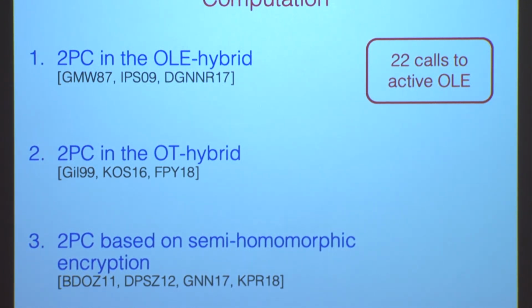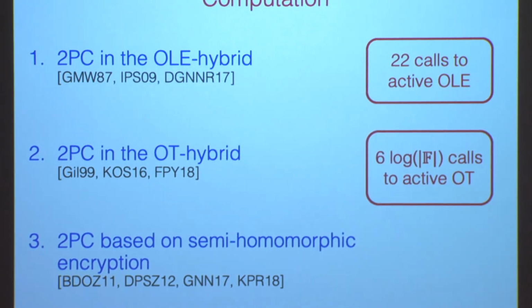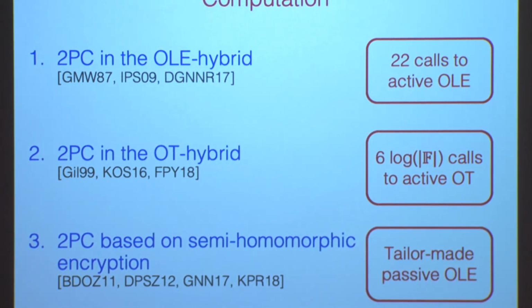From semi-honest to malicious, the overhead is roughly 22. The OT-based approach already has some blow-up because you have to do these finite field multiplications, and then to get malicious, again, there is an overhead. There are also some constructions for secure arithmetic based on very specific assumptions, but in general the overhead is pretty high. What we are going to do is something much better.